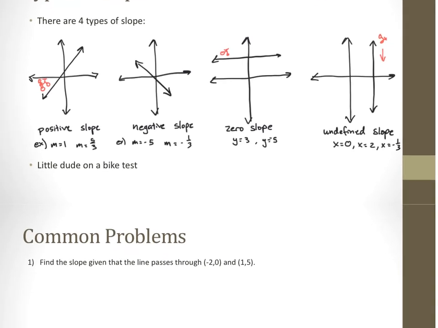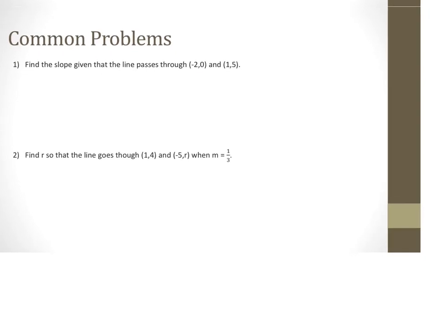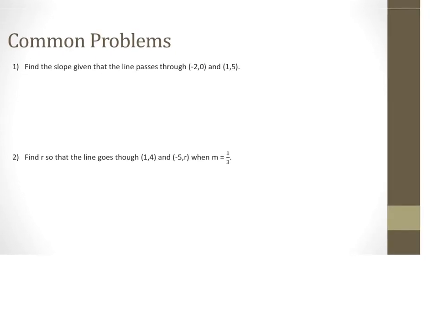All right, last but not least, some different common problems. Now we've already gone over the first one a bit. This is when you're asking for slope and you're given 2 points. So I'm just going to set this one up for you. You have m is equal to y2 minus y1 over x2 minus x1. Again, I like to label my points.